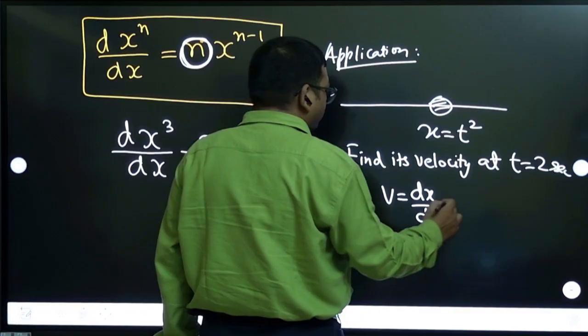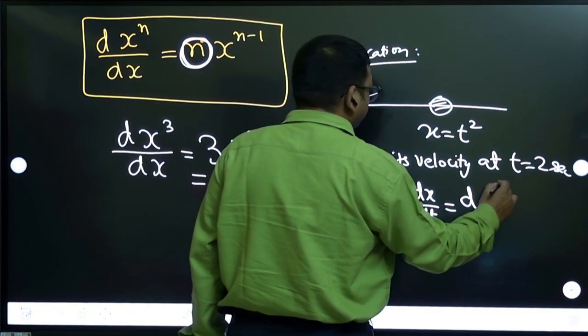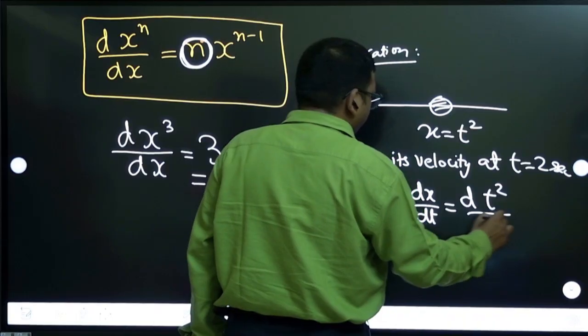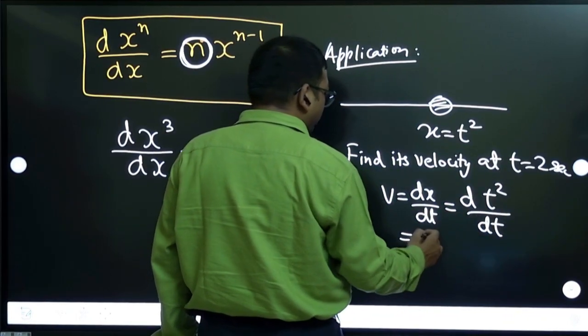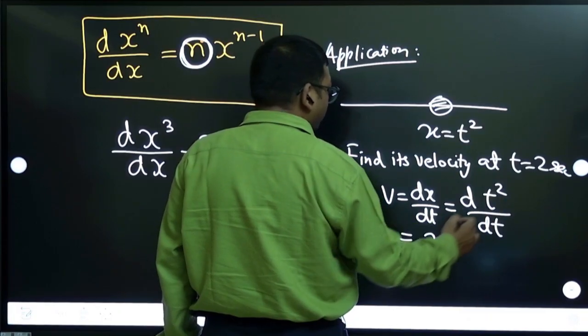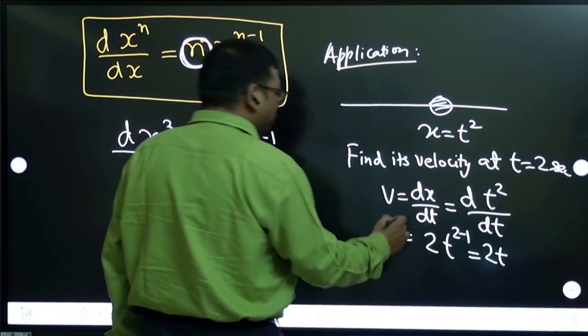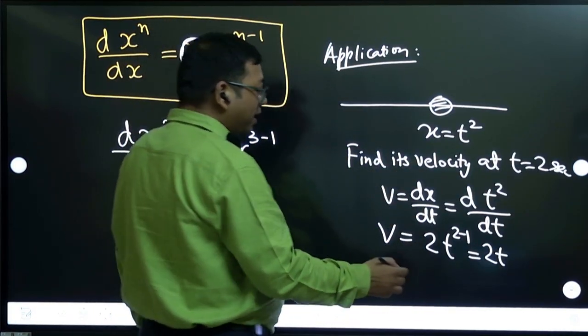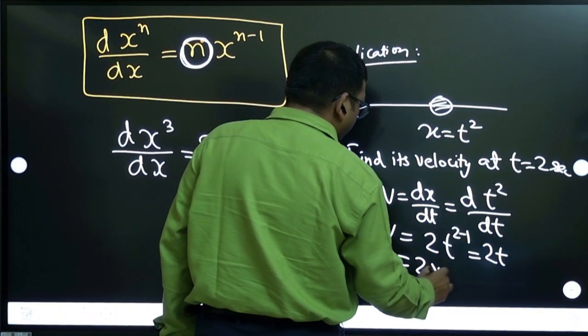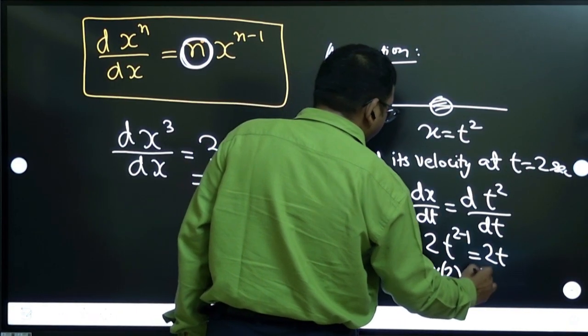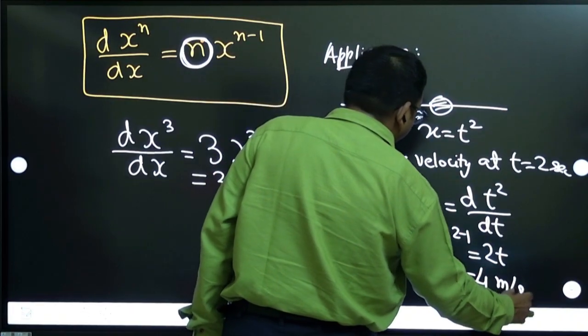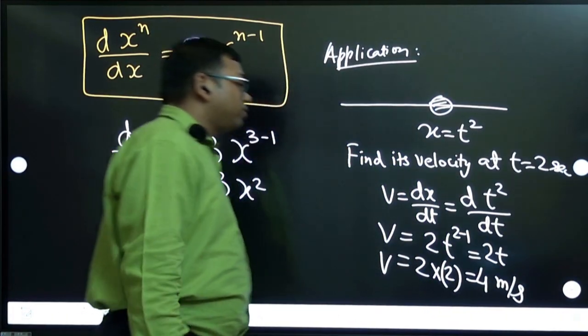So now you differentiate t square with respect to t. The power 2 comes out, and t power 2 minus 1 becomes 2t. So the velocity is 2t. Now substitute time as 2 seconds: 2 into 2 becomes 4 meter per second. This is the velocity at 2 seconds.